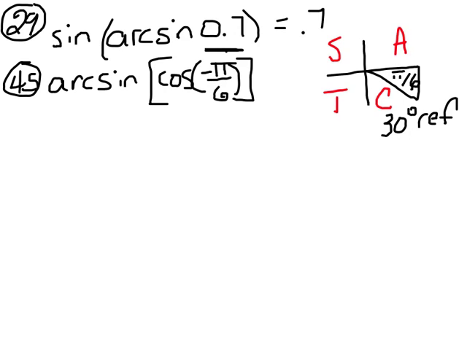Now if I label it, I can say the cosine is supposed to be negative pi over 6, but cosine is positive in the fourth quadrant, right? So are we really talking about that angle? What other angle could it be referring to? Where is cosine negative?